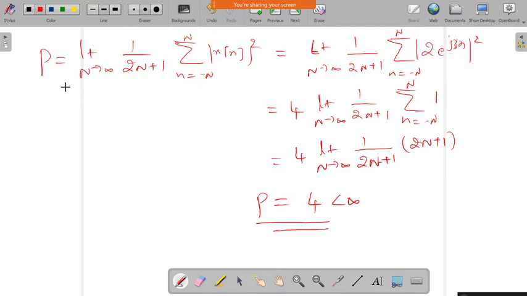So now the given signal is a power signal. Okay, so it is a power signal. Okay, understood? Any doubt in this? So how to find out the energy or power signal in the discrete case.